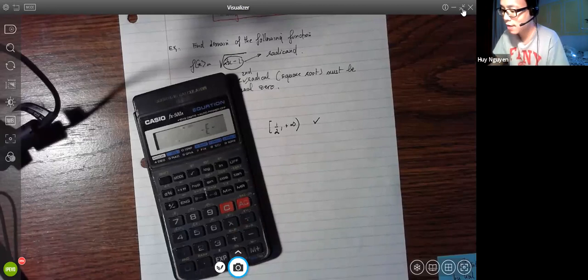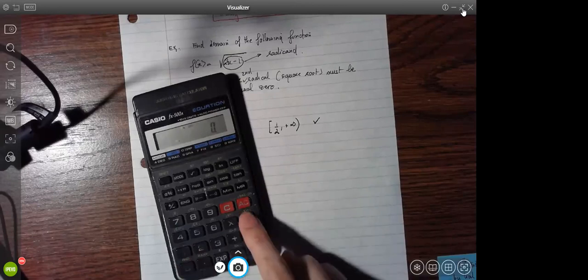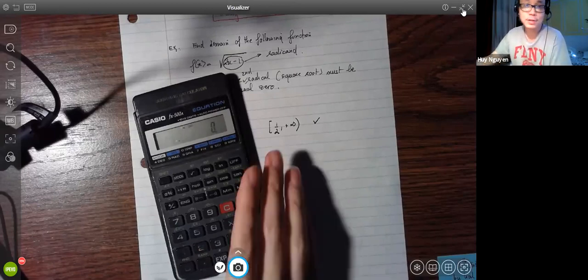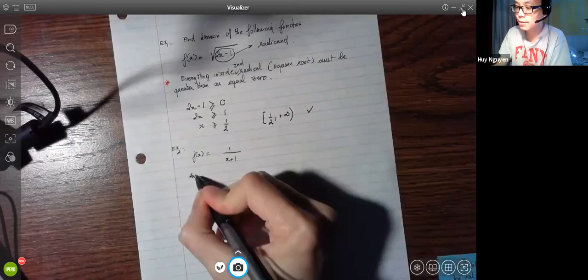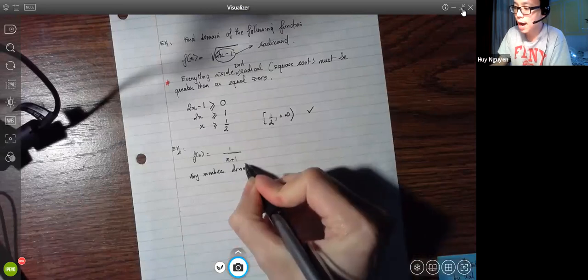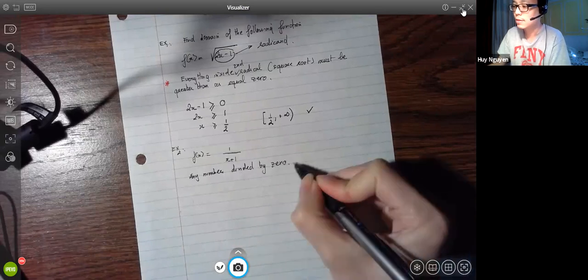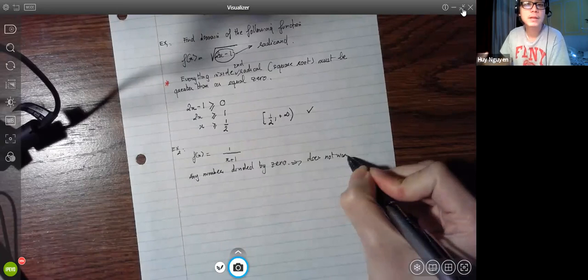How about 0 divided by 2? That would be 0. So 0 divided by 2 works, but 2 divided by 0 does not work. Any number divided by 0 does not work. A positive number divided by 0 does not work.